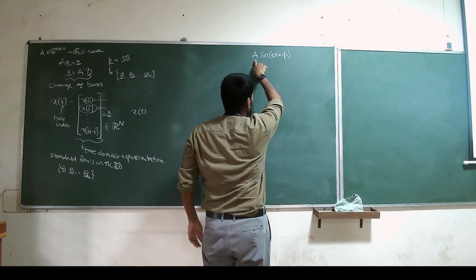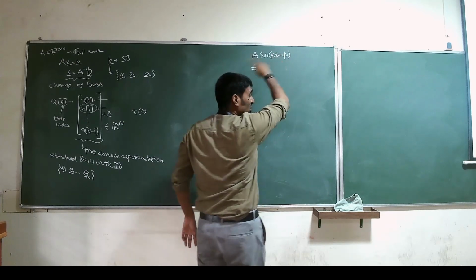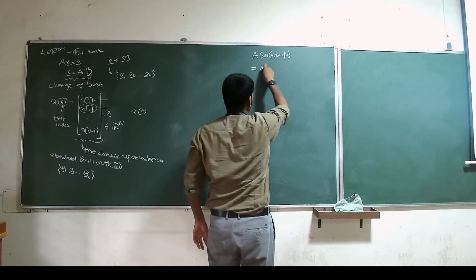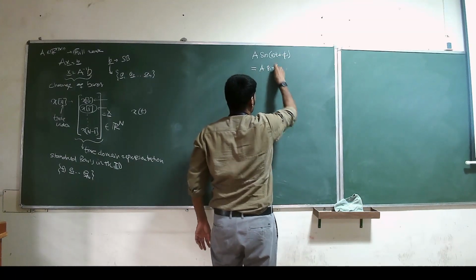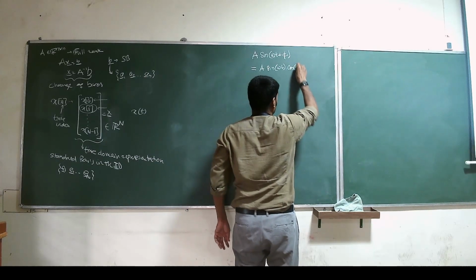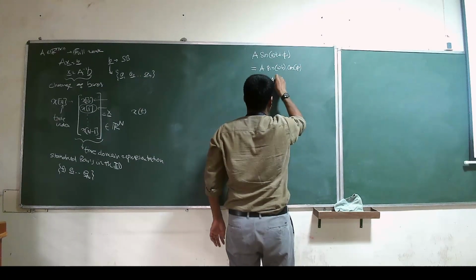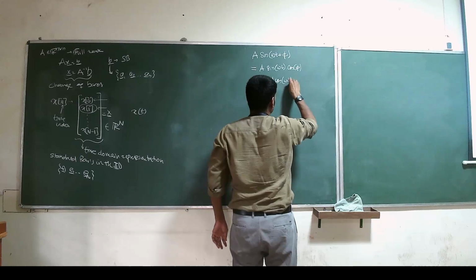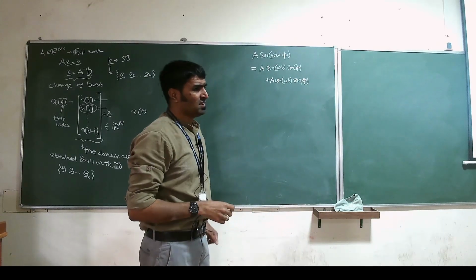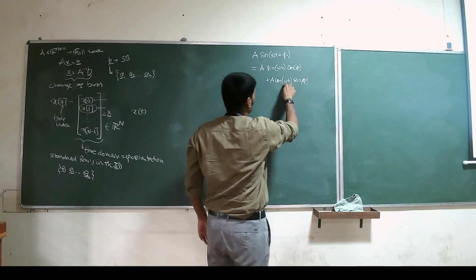So I can either give you the magnitude and the phase, or it turns out there is another way to represent this. What will happen if you expand this? What is sine A plus B? So it will be A sin omega t cos phi plus A cos omega t sin phi. We've agreed on omega.